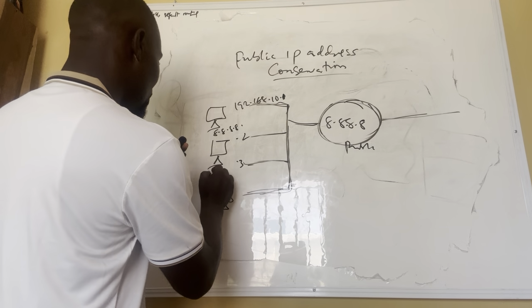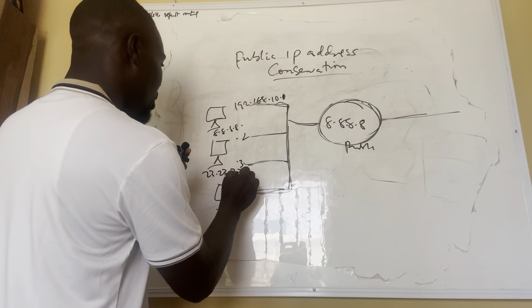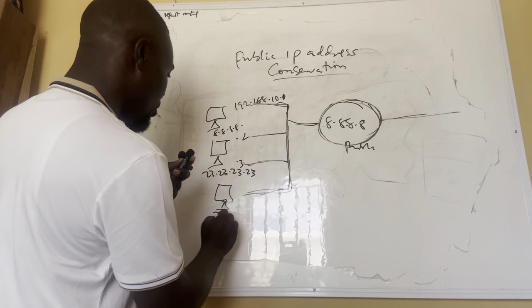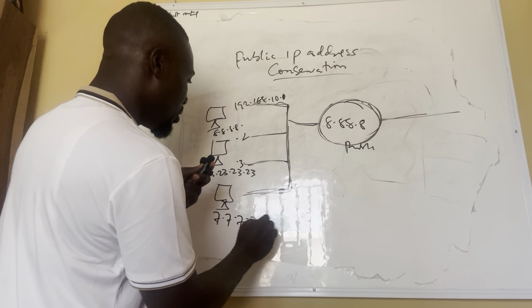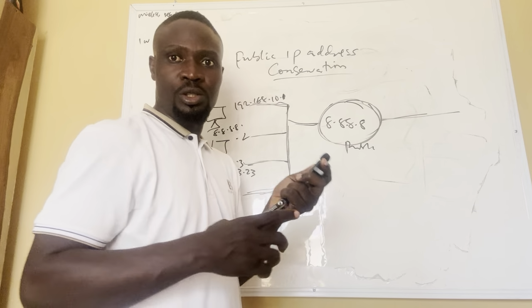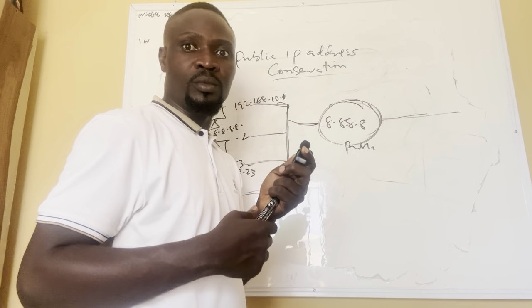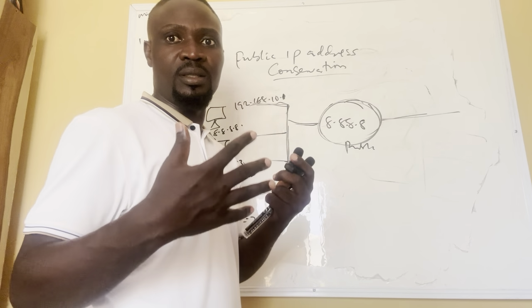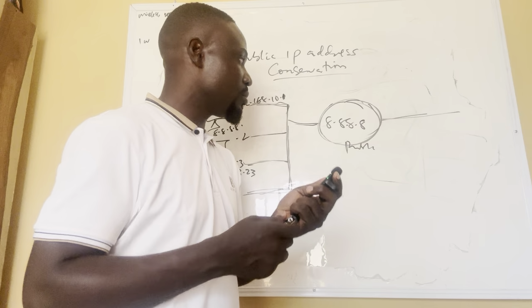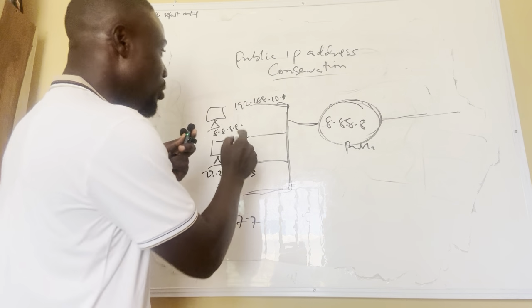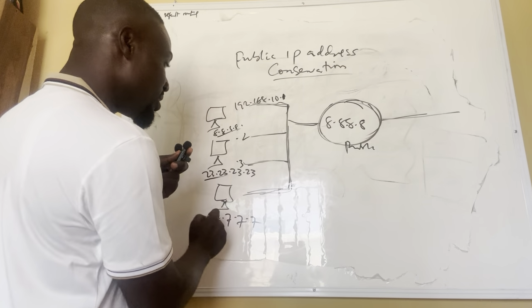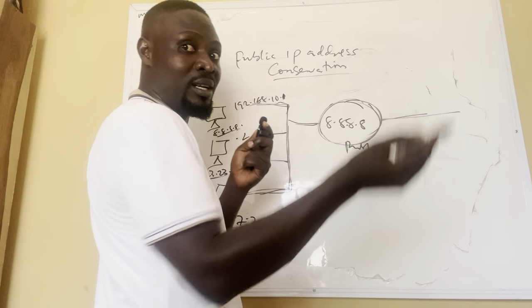Let's say you buy 23.23.23.23 for this. Let's say you buy 7.7. Imagine how much budget you would have to spend to have public IPs for all the systems in your organization to reach the internet.